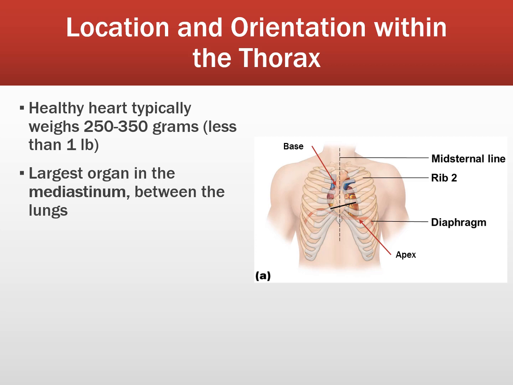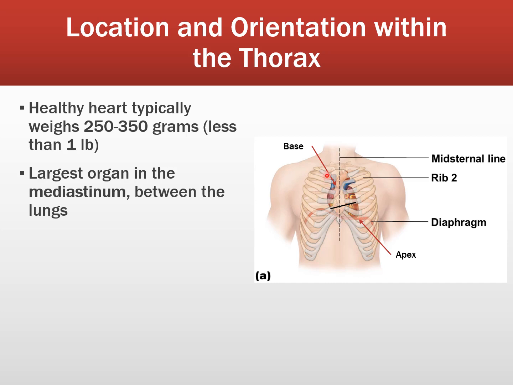And so it lives in between the left and the right lung, but it tends to sit a little bit more into the left lung. So it does sit a little bit left. When you put your hand over your heart, you tend to put it over your left chest. That is fairly accurate because the heart does tend to sit over to the left.